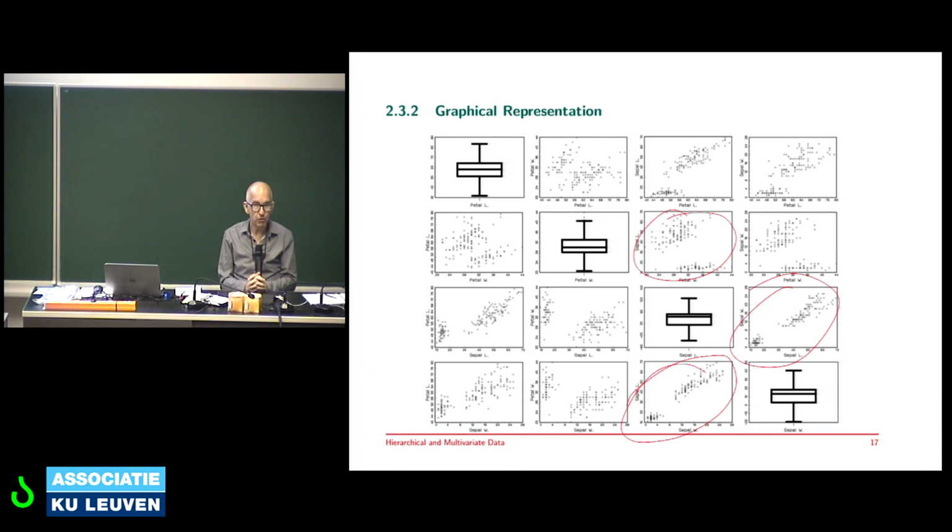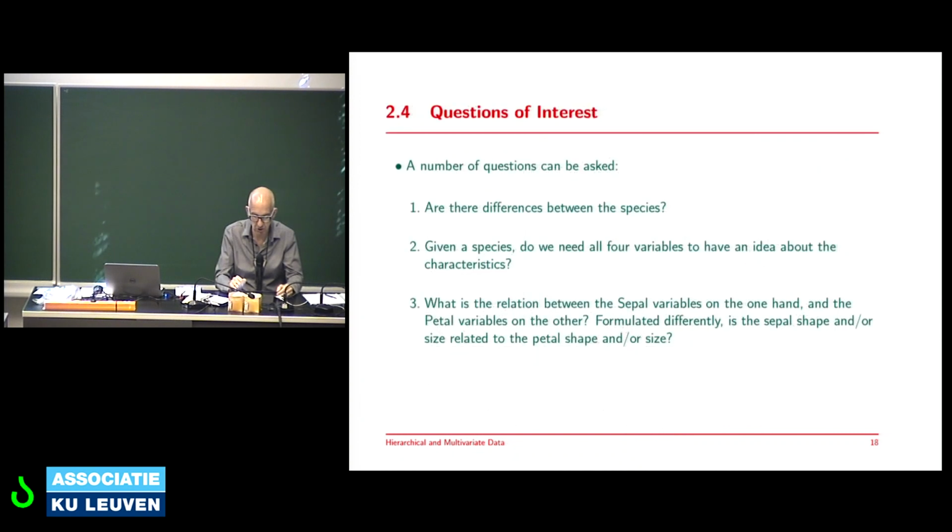Do you need all four variables, or do you choose one or two that separate best, or do you do something else? So if I want to clearly see, describe, use the difference between the species, how am I going to do that? That may be the scope for discriminant analysis, and discriminant analysis will be mentioned later.